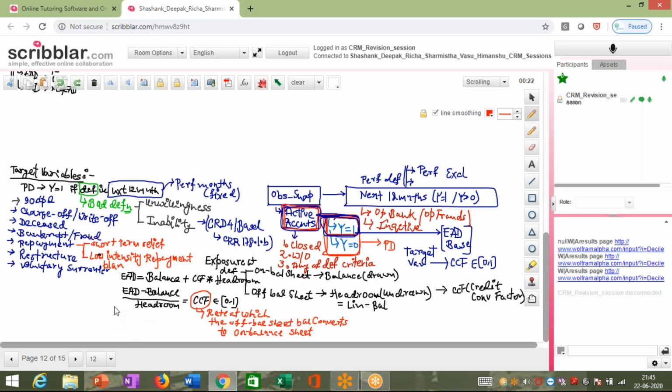Now, if you see the EAD minus the balance, EAD is recorded at the date of default.